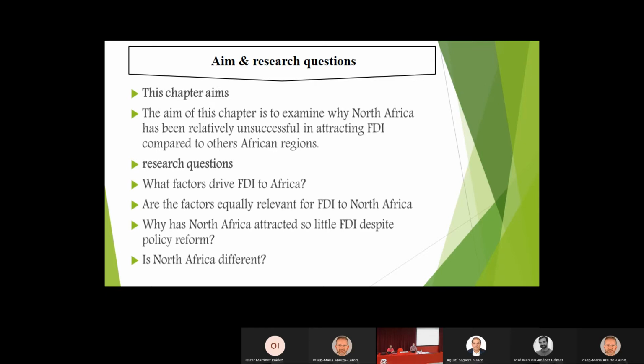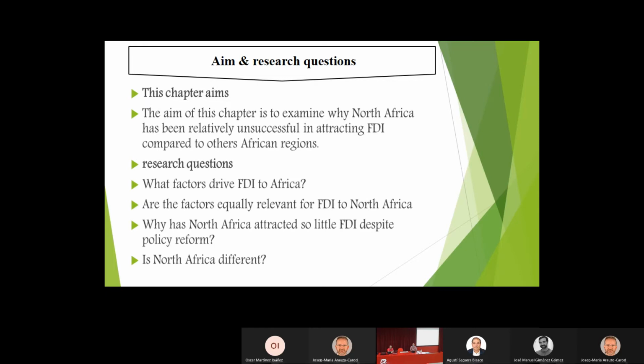The research questions we are focusing on: what factors drive FDI to Africa? Are the factors equally relevant for FDI to North Africa? Why has North Africa attracted so little FDI despite policy reform? Those questions ask: is North Africa different?